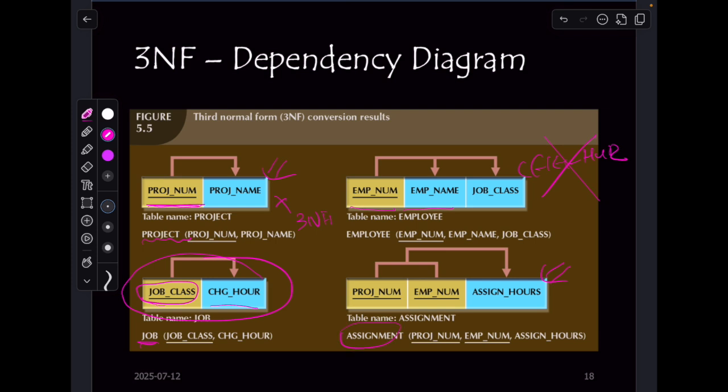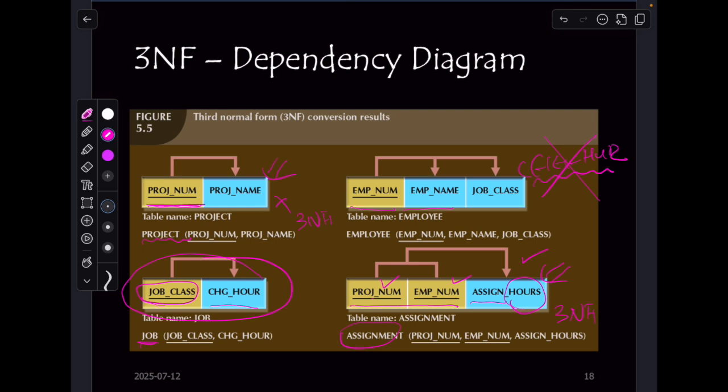We have a composite primary key, but there is no partial dependency because hours are determined by both employee number and project number. So with this full functional dependency and no partial dependency, it is already second normal form, and there is no transitive dependency, so therefore it is also third normal form.